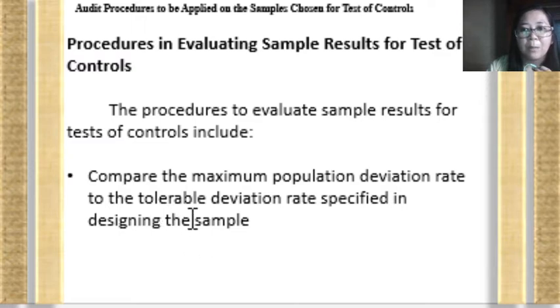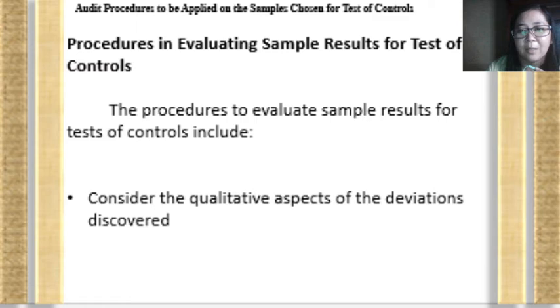Tolerable meaning this is the lowest acceptable deviation rate for a certain sample or population. Maximum population deviation is somewhat close to the actual deviation that exists in the population.